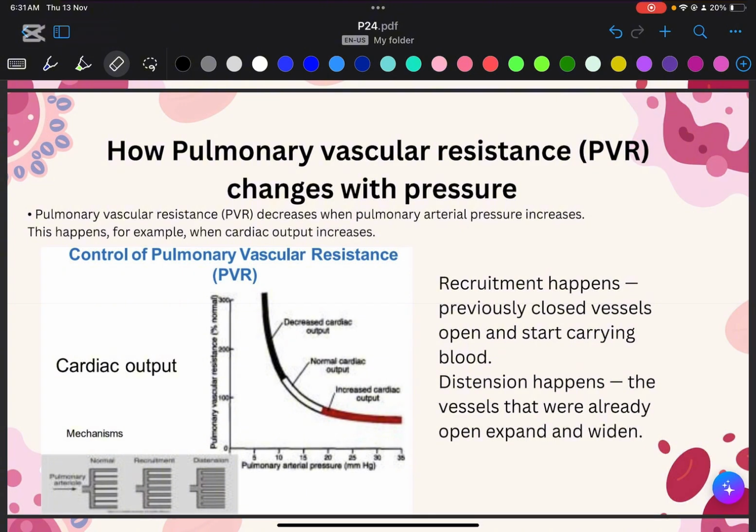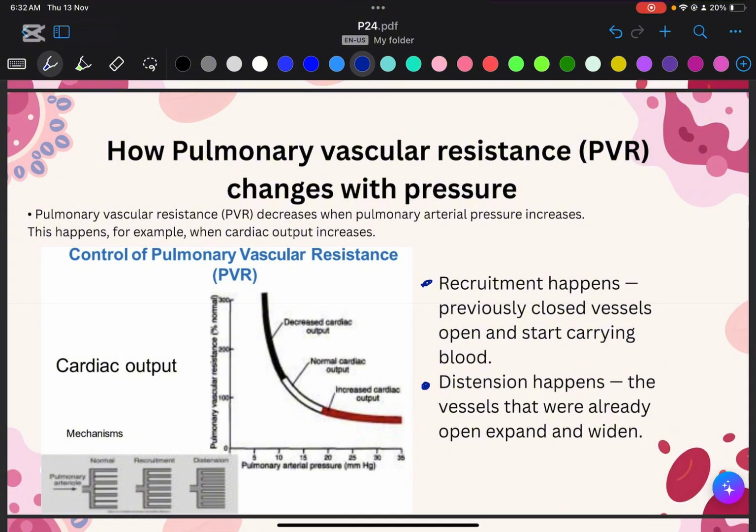But in pulmonary arteries, in the lungs, when arterial pressure increases from exercise and cardiac output increases, the resistance will actually go down. And why does it go down? Because of something called recruitment and distension. We already took recruitment before. It's basically just when closed vessels open up, start carrying blood, and start helping out in the lungs.